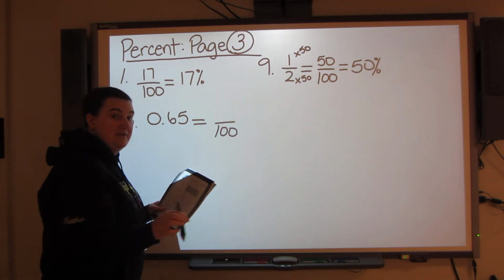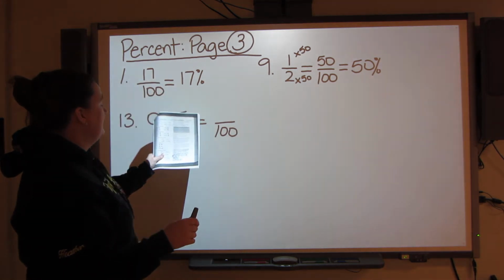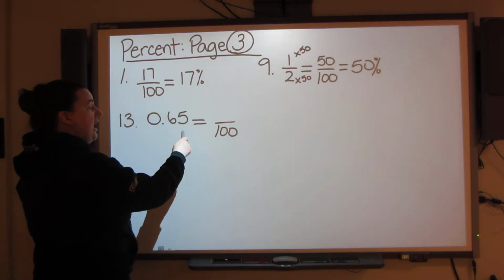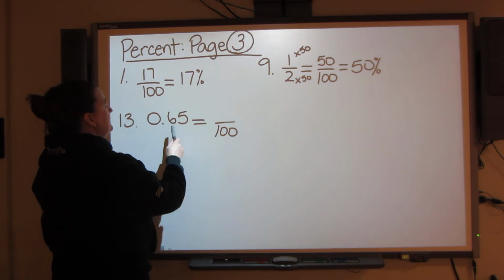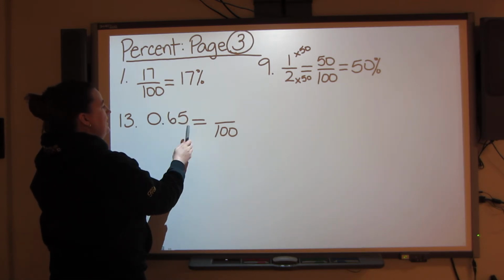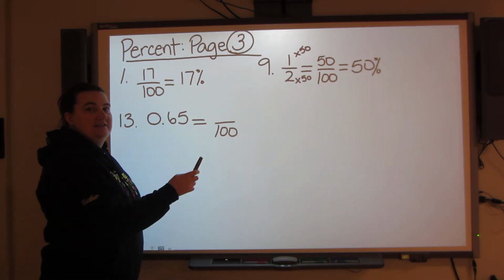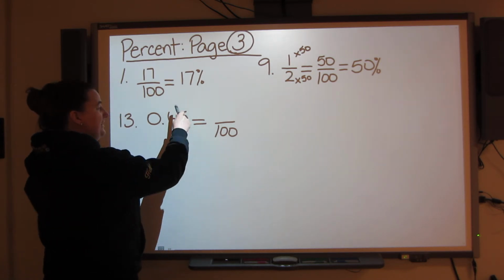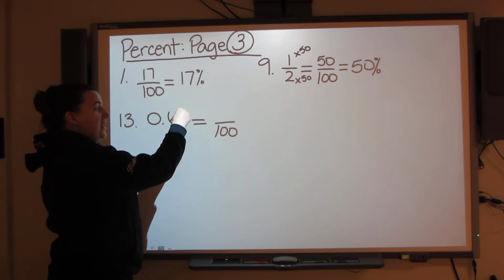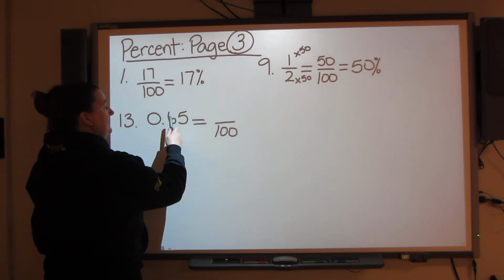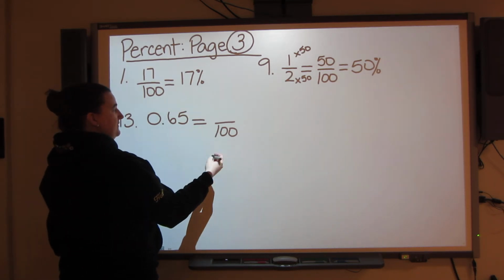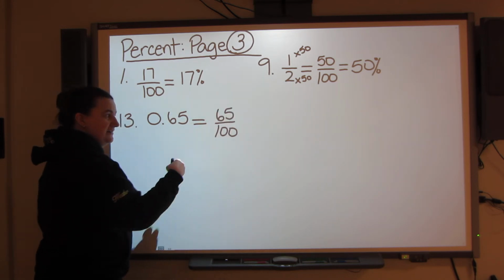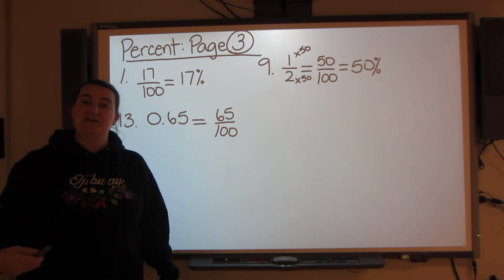Now remember from the lesson, when you've got a decimal, here's your tenths and your 100ths, and of course whatever you have, the first 2 digits, that's going to be your new numerator. Think about it this way, if this is the 100th column, then here's your 100 over here, so whatever you have, 65, goes on top of your 100.